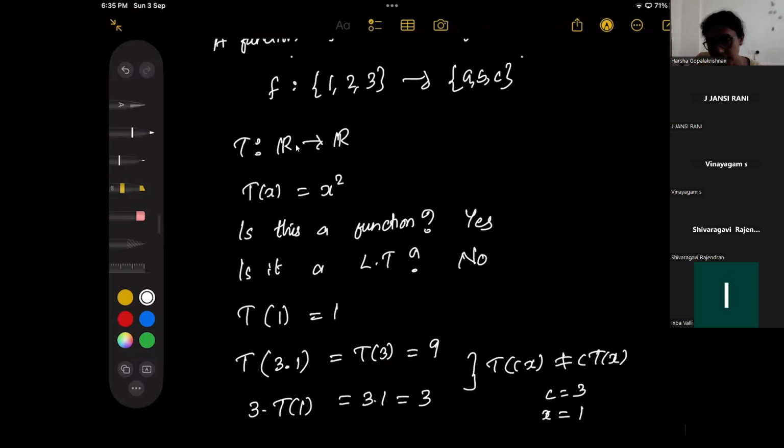It should satisfy the desired conditions, the condition we stated above, linearity with respect to scalar multiplication and vector addition. So as someone stated, any linear transformation is a function, but a function is not always a linear transformation.